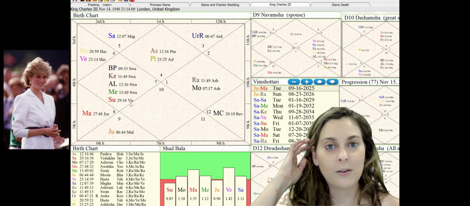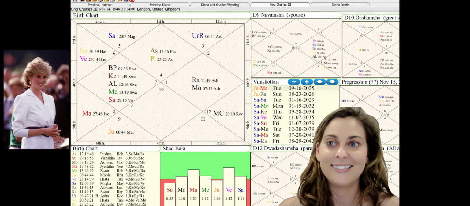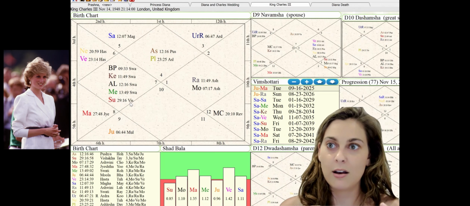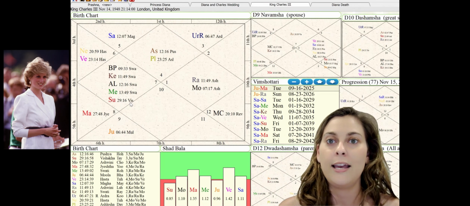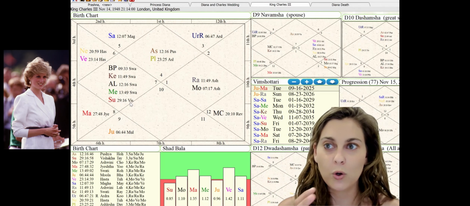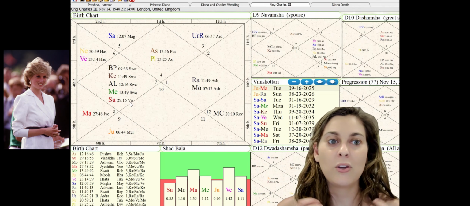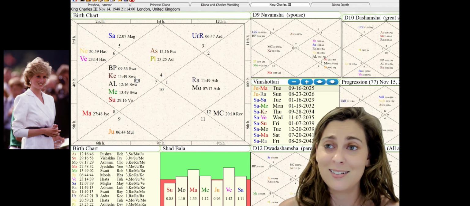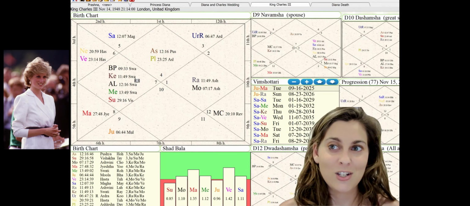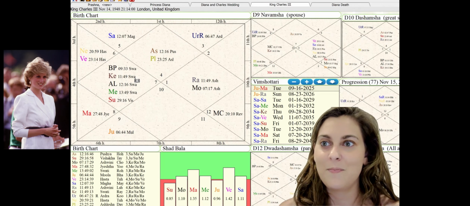So you can see where there's some sort of pull, and her soul could be attracted. But you can also see Ketu is there. You can see the issues where there was an unfulfillment feeling.